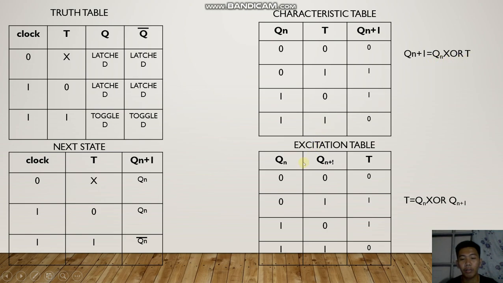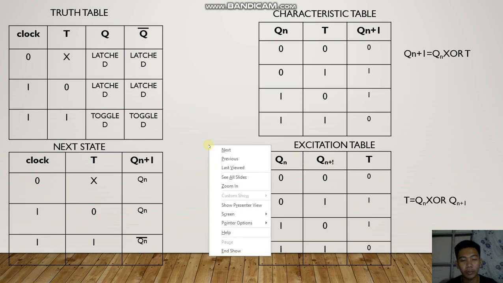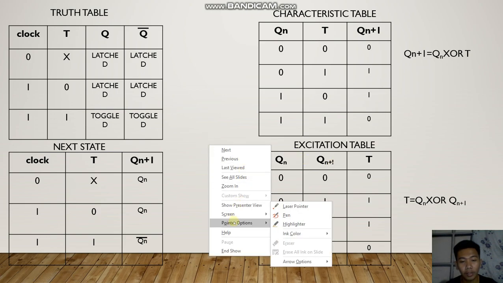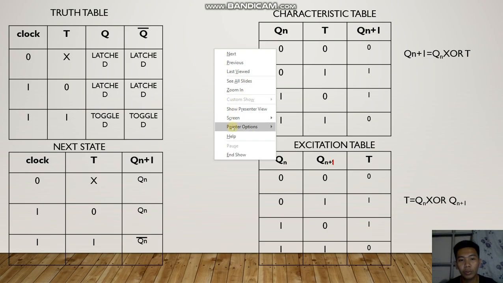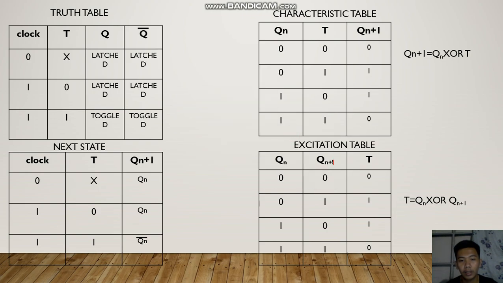We have here the excitation table, with Qn, Qn plus 1, and T. If our Qn is equal to 0, our Qn plus 1 is 0, our T is 0.